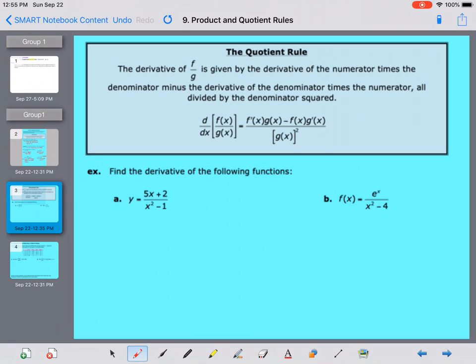That quotient rule says to take that derivative, so I'm going to get dy dx equal to the derivative of the top, this being the top right there, derivative of top, which is just 5, times the bottom, minus the derivative of the bottom, so that's the bottom right there, so 2x times the top, all over the bottom squared. So that's kind of the essence of the quotient rule.